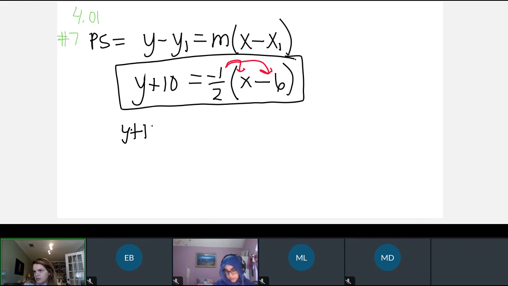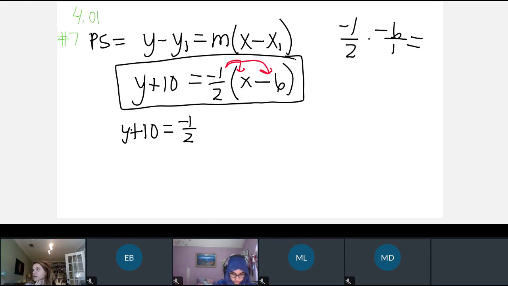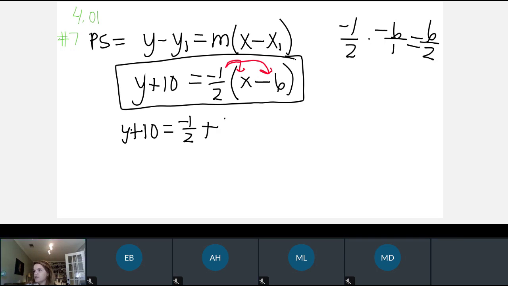Y plus 10 equals negative 1/2 times x, and then we have negative 1/2 times negative 6, or negative 6 over 1. Okay, so a negative 1 times a negative 6 becomes positive 6. 2 times 1 is 2. So 6 divided by 2 is now positive 3. I'm going to pause in case I lost anybody there.